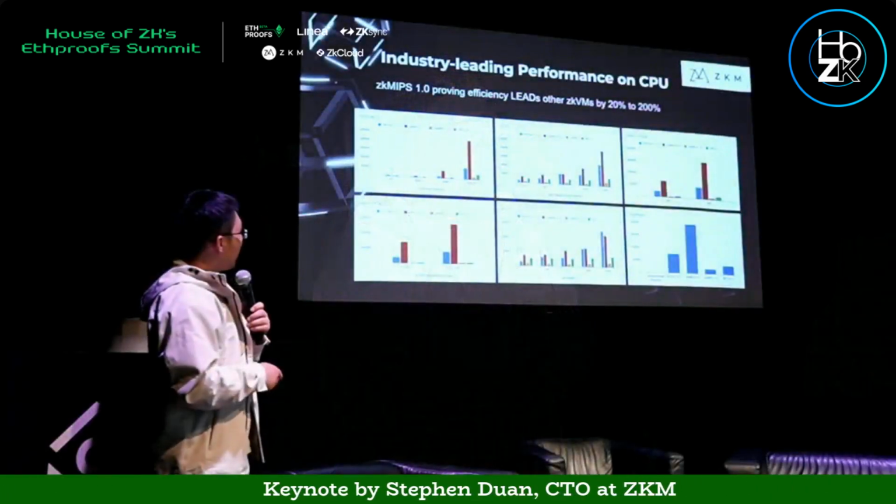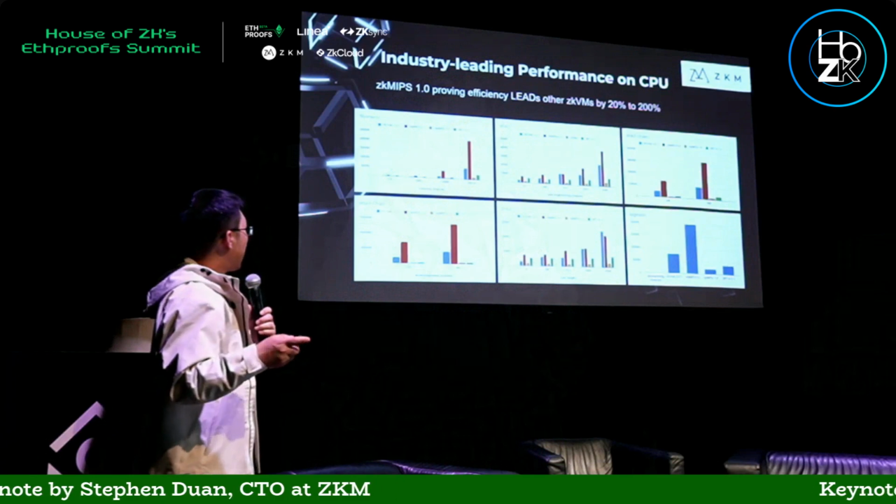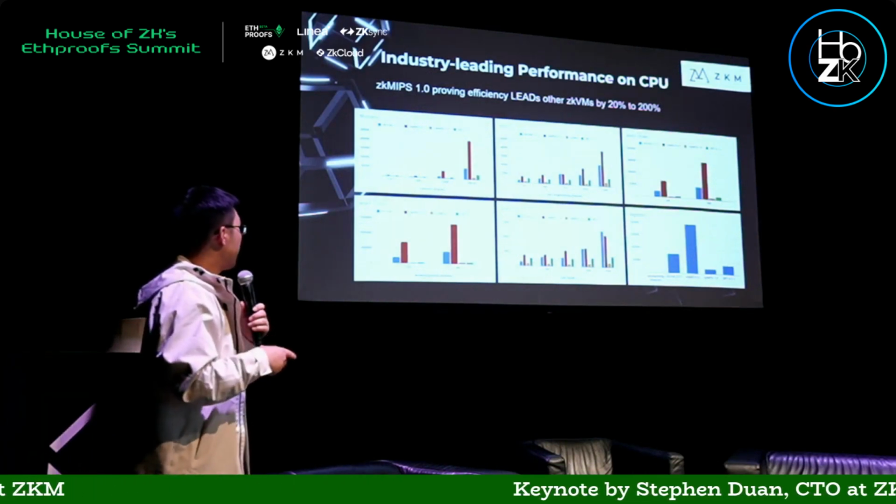So that's also part of the work when we build the proof system. And we think we have a very good performance after we upgrade from 0.3 to 1.0.